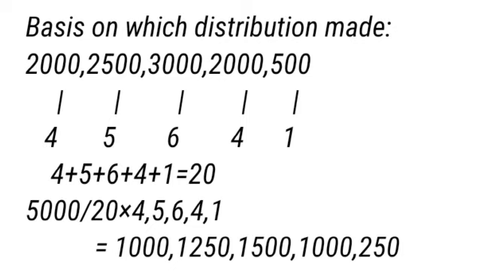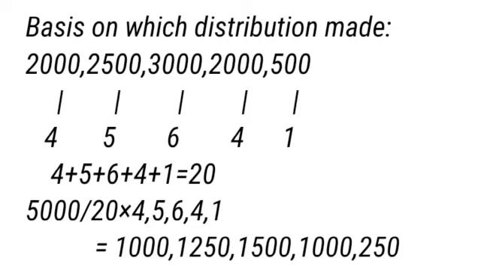Take the least, department E, as 1 portion; then department D 4, department C 6, B 5 and A 4. We are just simplifying the square feet into a ratio.